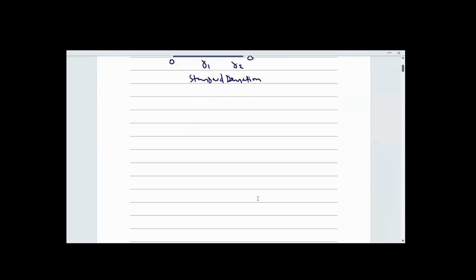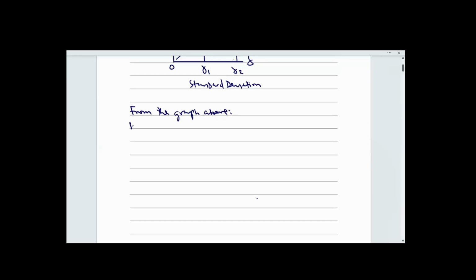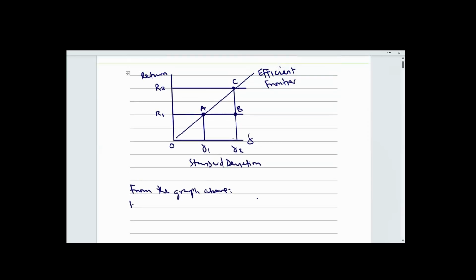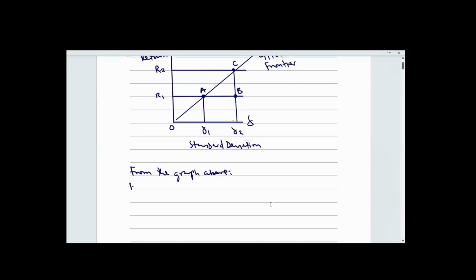Let's do this because of time. From the graph above, let me use a colon. From the graph above, 1, securities A and B fall on the same level of return R1.